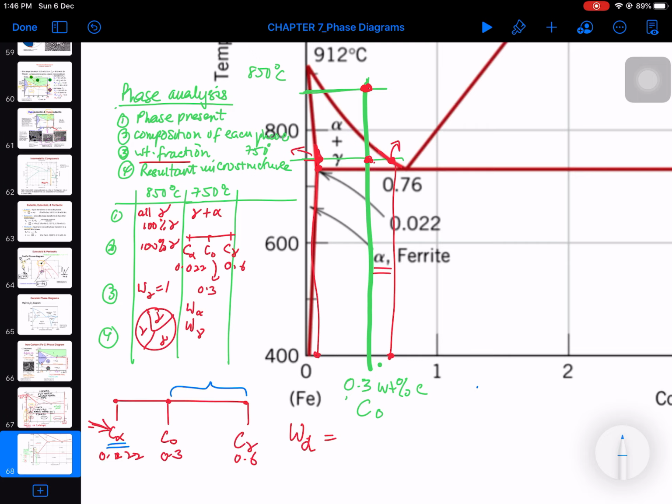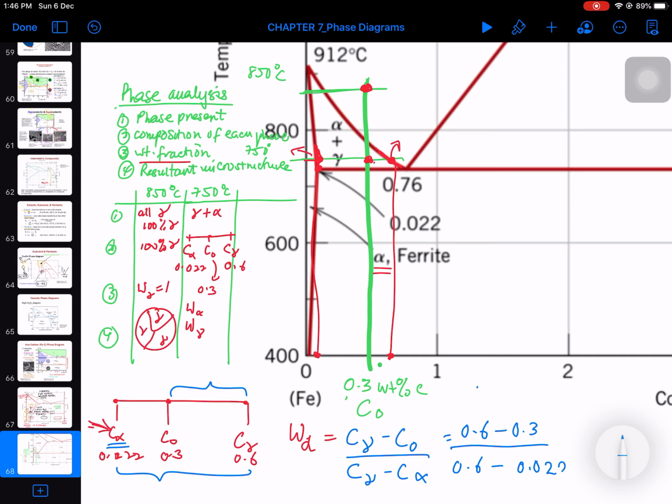This length is C gamma minus C naught, over the total length of the tie line, which is C gamma minus C alpha. C gamma is 0.6, C naught is 0.3, so (0.6 minus 0.3) over (0.6 minus 0.022), and there you go. You'll get the answer for W alpha.